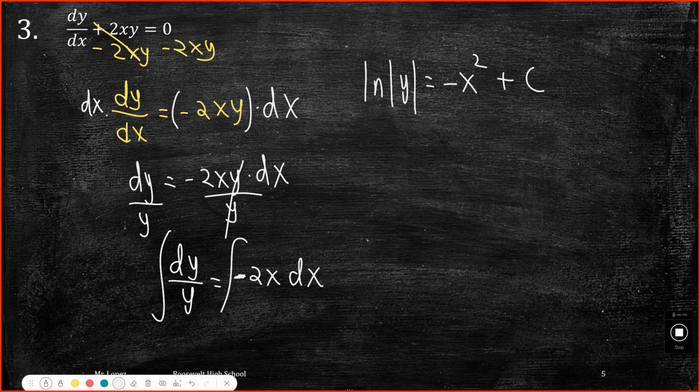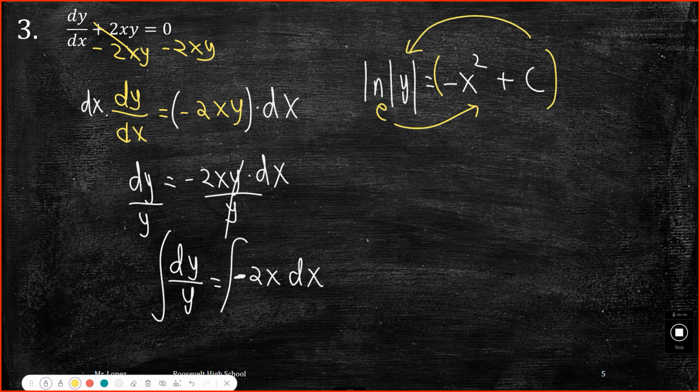Okay, as I said last time, we're going to work with this. What's the next step? Put it in exponential form. What is the base of ln? So it's e to this power equals this.